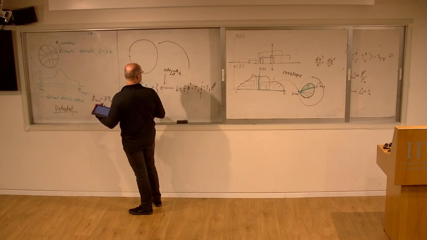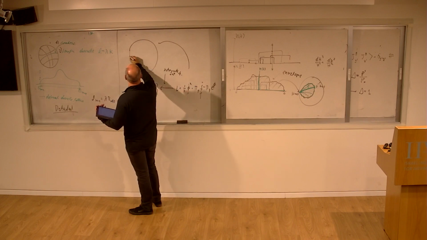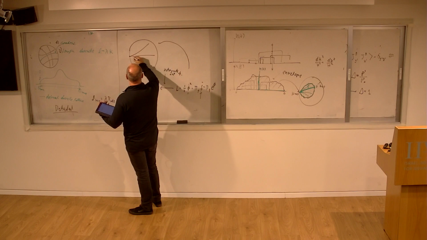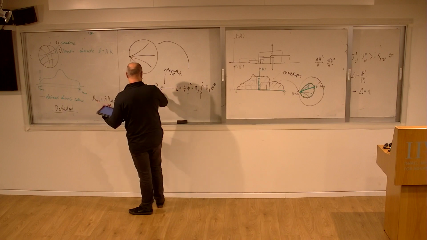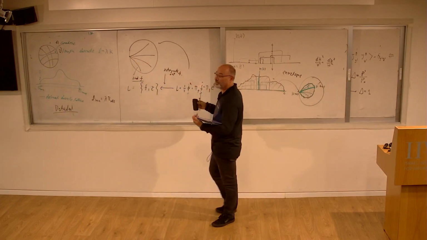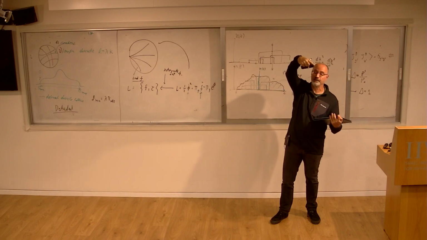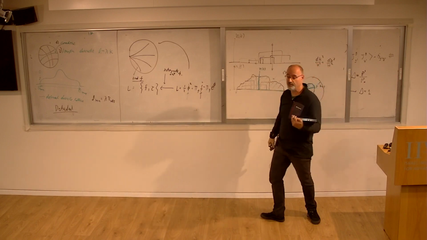Again, I look at this special boundary point, and these are lines of fixed f. This is some Euclidean time slicing of my space.